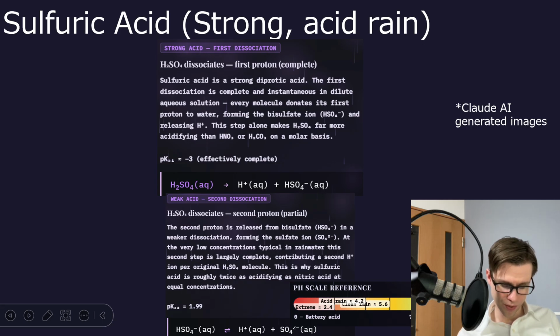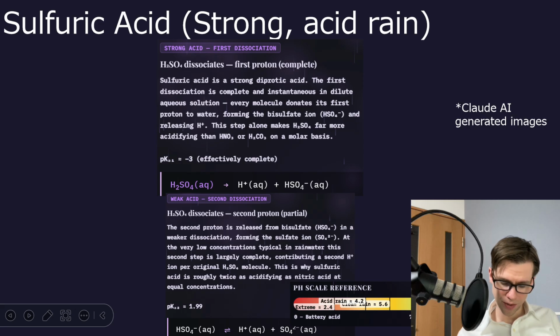Now this can even go further to dissociate the second proton to make SO4 2 minus. Now that pKa is 1.99, so it's not 100%, but it's like perhaps similar amounts to the carbonic acid before, or even stronger than that. So it definitely does have an effect, and it has potential to add extra H plus to solution.